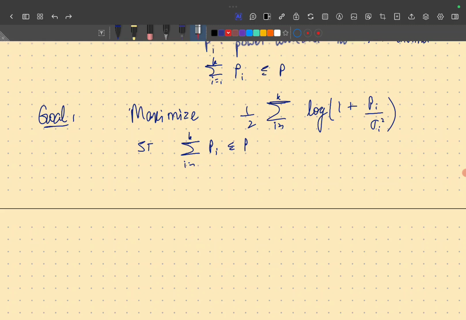There's also another constraint which I have not explicitly mentioned. Power should be positive, so Pi should be greater than or equal to 0 for all i. Just for convenience, I'll ignore this half from the objective function. It doesn't make a difference except that I'll have an annoying half or 2 in between.